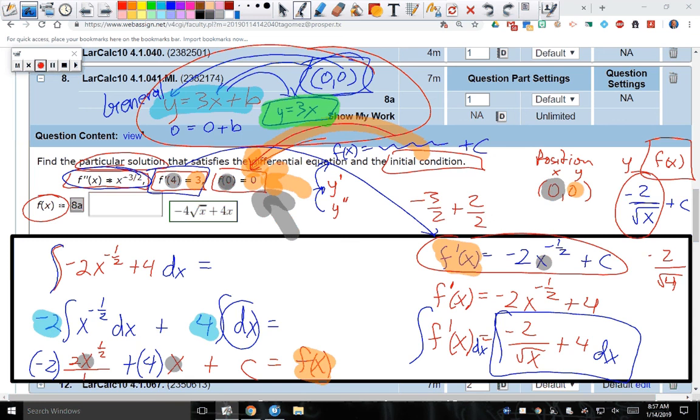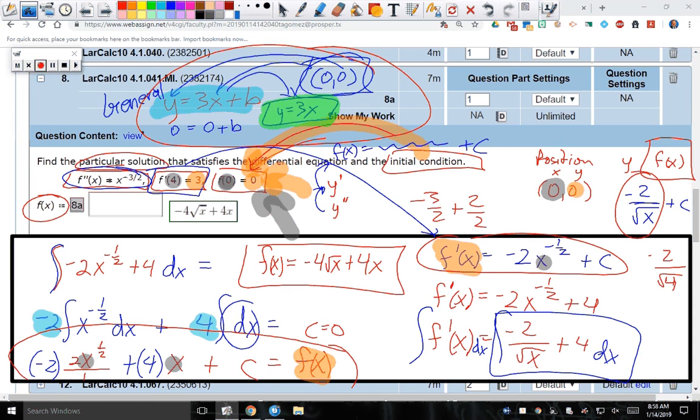C would equal 0. Okay? Because c is equal to 0, I can take this general solution here and make it more particular and just plug in 0. So my final answer would be negative 4 square root of x plus 4x. There's no plus c because that c became 0. Any questions? Alright.